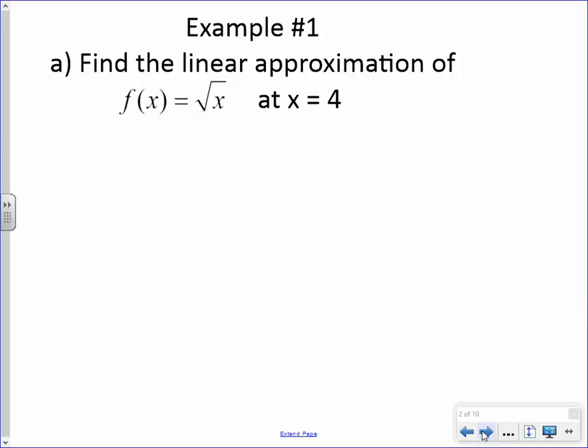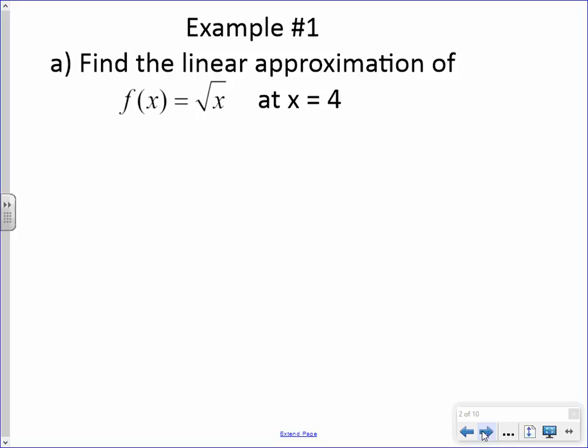All right, so let's see this in action. Find the linear approximation of square root of x at x equals 4. Basically I'm asking you to write the tangent line equation at x equals 4. There's a couple things that we need. What's one thing that we need, Alex? We're going to write a tangent line.